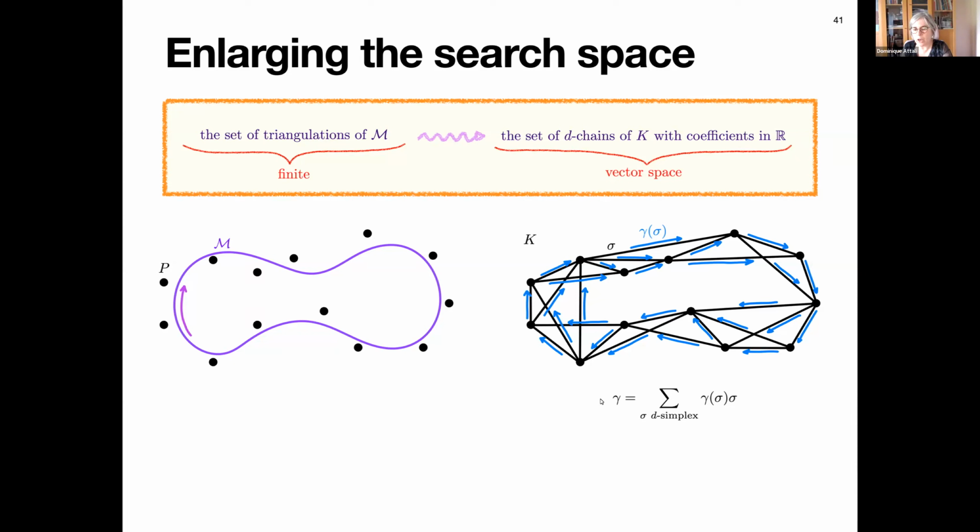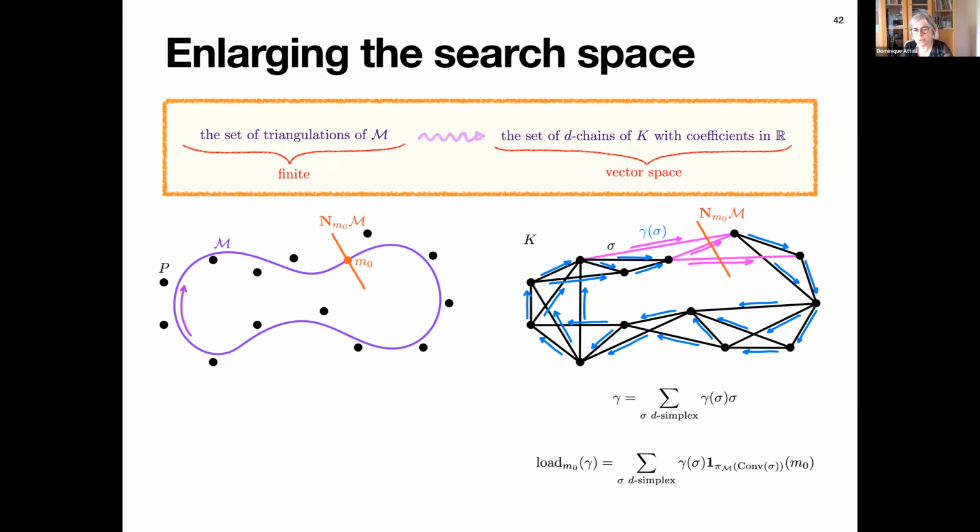To this d-chain, we're going to associate a real number that we're going to call the load of this d-chain gamma at the point M0 on the manifold. So we pick a point M0 on the manifold, and we select in K all the simplices whose projection onto the manifold contains M0.